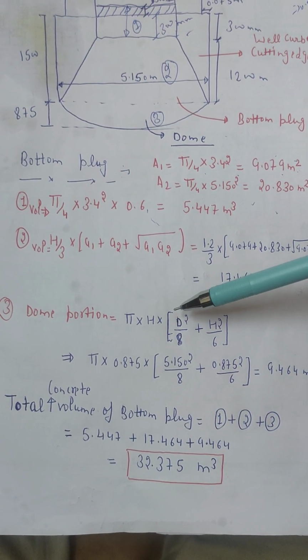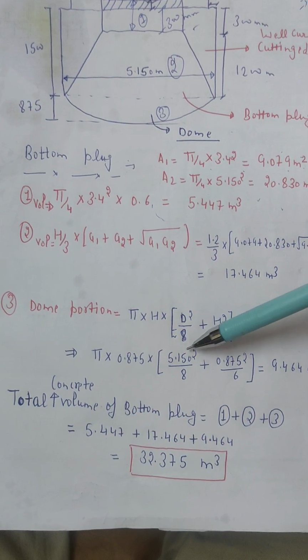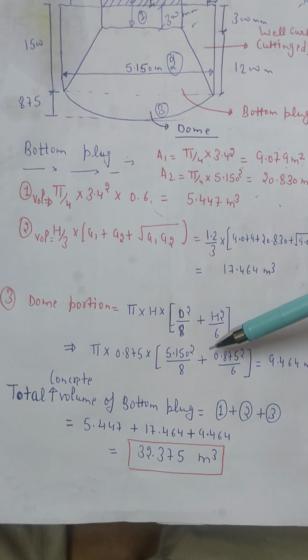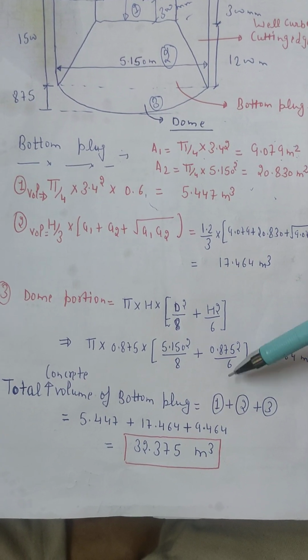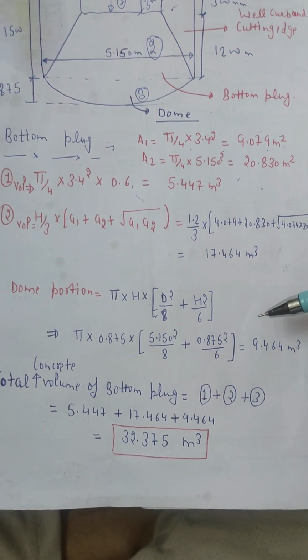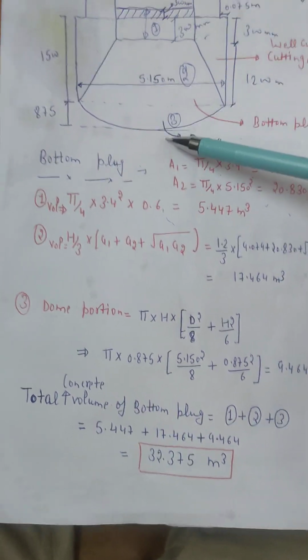We put in these values, pi into 0.875 into bracket open 5.15 square divided by 8 plus 0.875 square divided by 6, and that comes around 9.464 meter cube volume of the third portion, which is known as the dome portion.